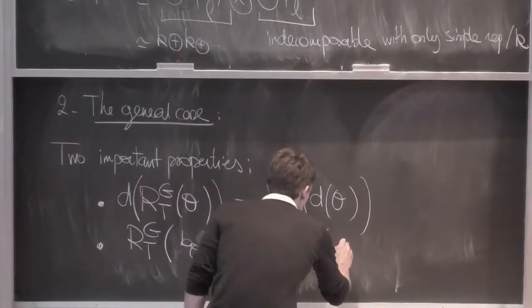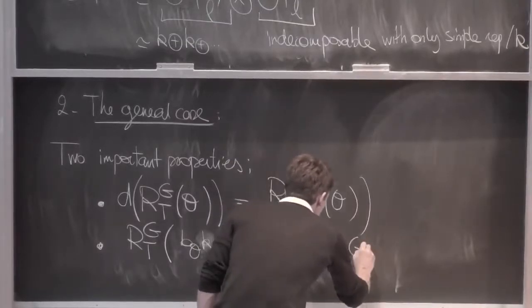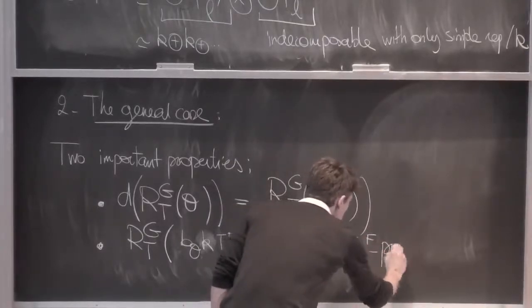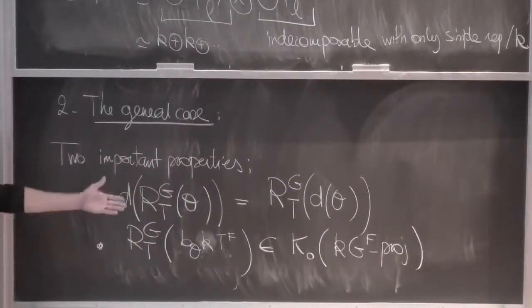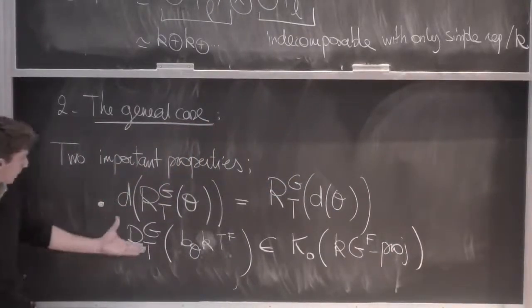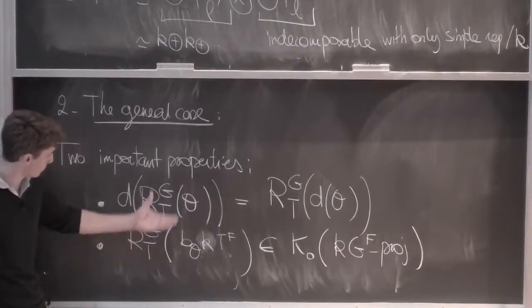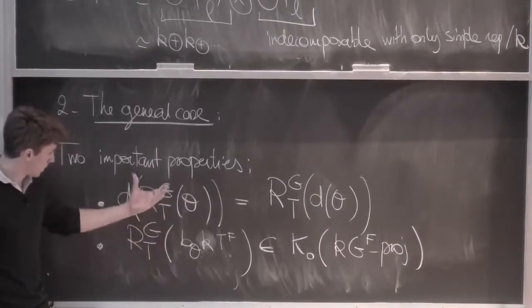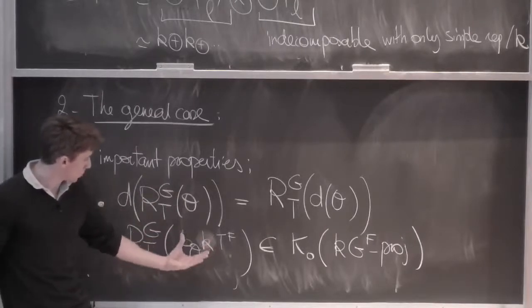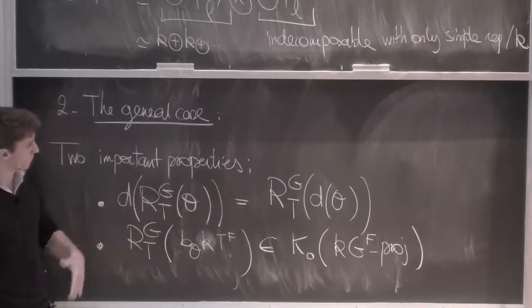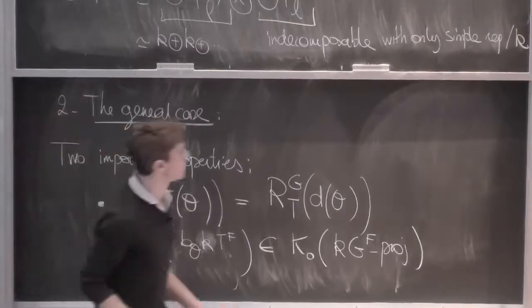So I will denote it something like this. So it's in the Grothendieck group of the additive category of projective representations. By this I mean that you can express the linguistic character, when you apply it to that projective module, as a sum and difference of projective representations.